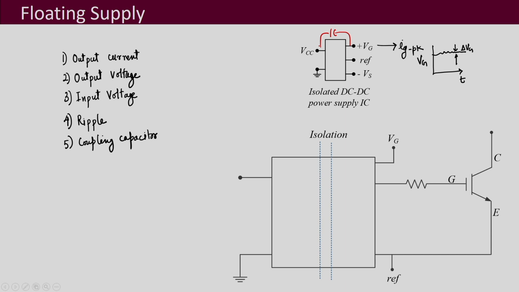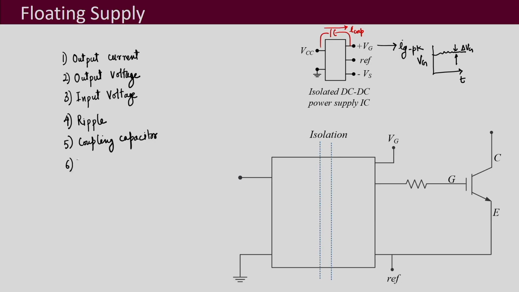Those things we will be looking into later on in the course, but know that this coupling capacitor is what appears between the input and the output, and it should be as low as possible, because there is always going to be a coupling current, you can call it ICOUP. So, that is an unwanted current, and it basically is going to reduce the isolation level, and it will also lead to your interference problems.